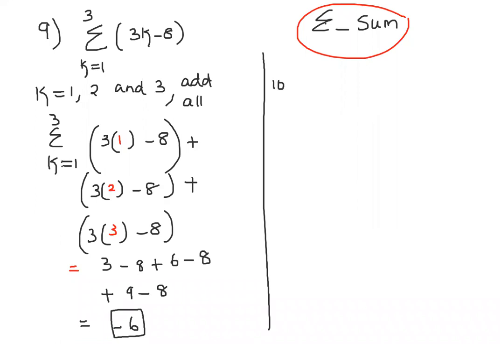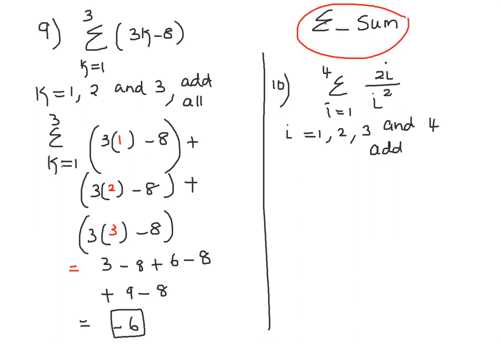Next problem, number 10. We have to find the sum with i equal to 1 to 4. So we have to check what the range is. Here the range is from 1 to 3. Here the range is from 1 to 4. So we have to plug in i equal to 1, 2, 3, 4. It starts from 1 and then we have to add.